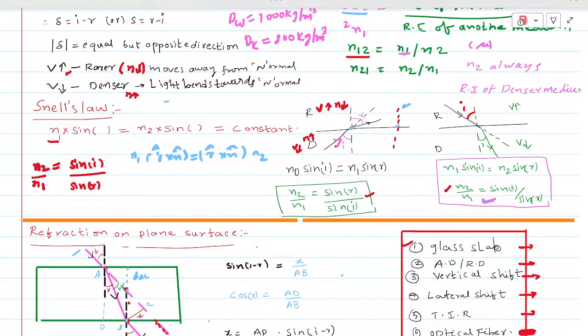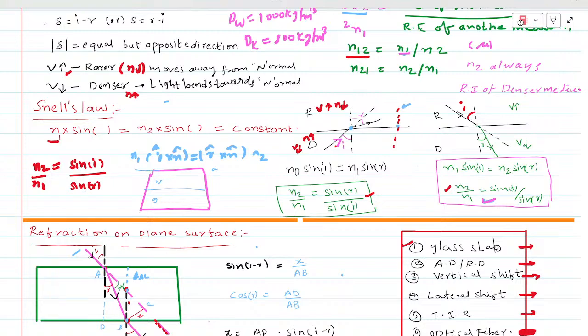Whenever you are applying it, consider a problem like this. Here there is glass medium, water medium, and air medium on the other side.